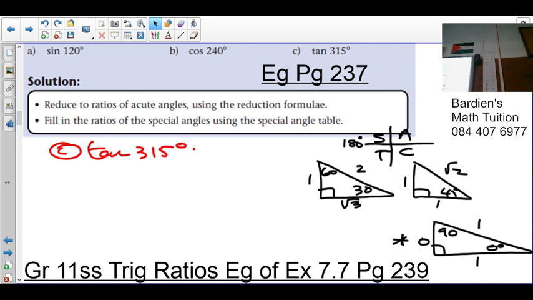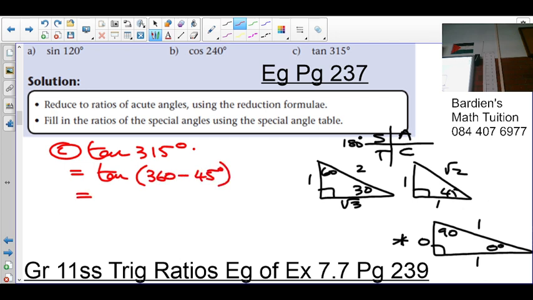In the fourth quadrant, absolutely. So how do I get to the fourth quadrant? 360 minus 45 degrees. Is tan positive or negative in the fourth quadrant? Negative. So it's going to be negative tan of 45.